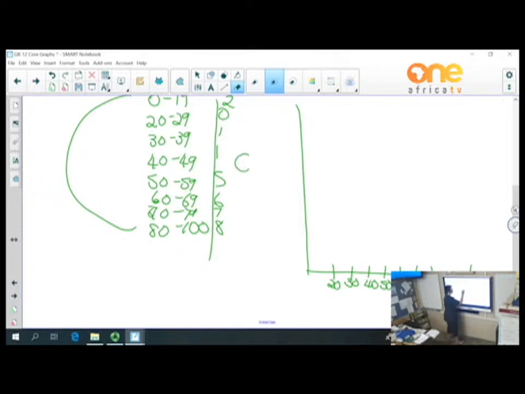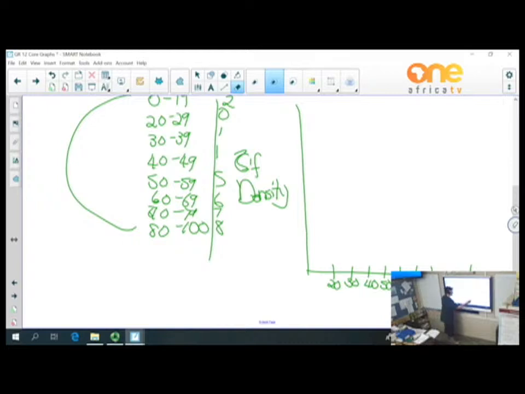And the y-axis becomes frequency density. Write here the frequency density. Look at this because it's worth a mark when we mark these graphs. And now the bar width will tell me what to do. So this one is a double width. Let's first start with these ones.